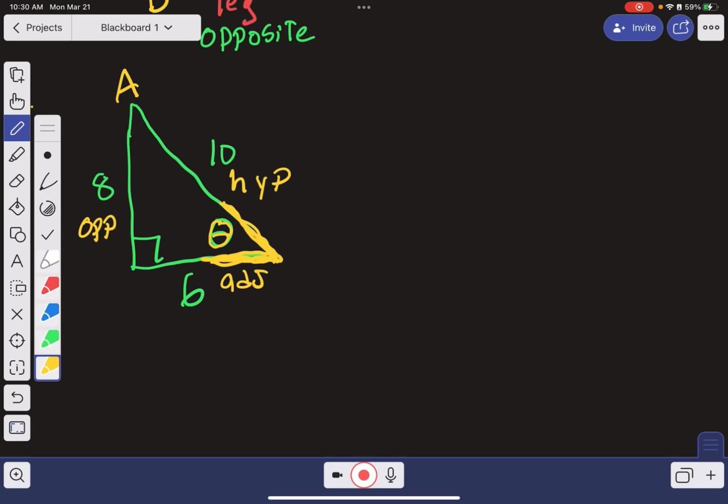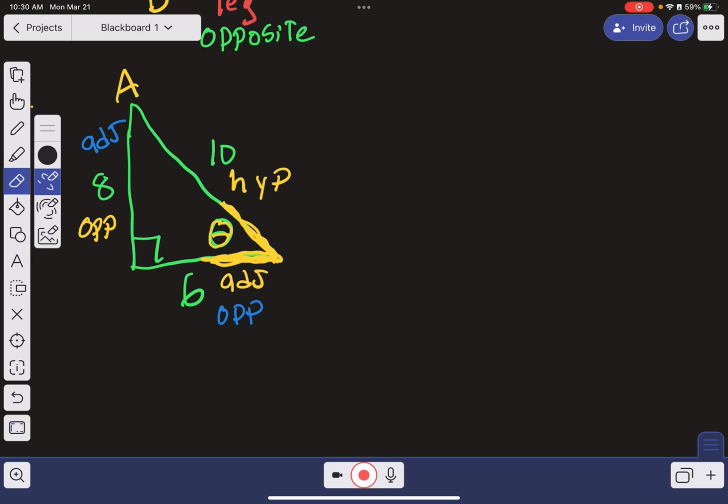Now, in blue, this is the adjacent side to A, and this is the opposite side of A. The hypotenuse is never going to change, but the opposite and adjacent can change depending on what angle you're asked to look at. If it's theta, 8 is the opposite and 6 is the adjacent. If it's angle A, 8 is the adjacent and 6 is the opposite.